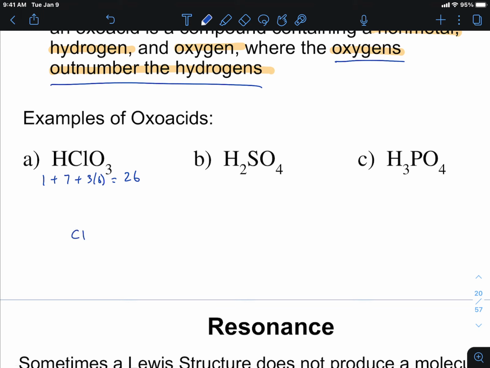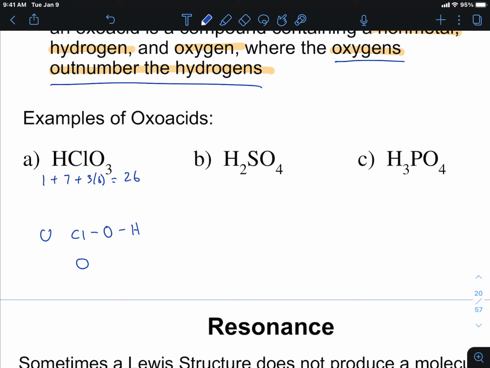Chlorine in the center, oxygen, oxygen, oxygen. Now, your initial thought might be to put the hydrogen here, right? Because that would kind of make it look symmetrical. But here's where you have to understand that this category of compounds does not have the hydrogen on the center. The hydrogen must be attached to one of the oxygens. It doesn't matter which one, it just can't be on the center.